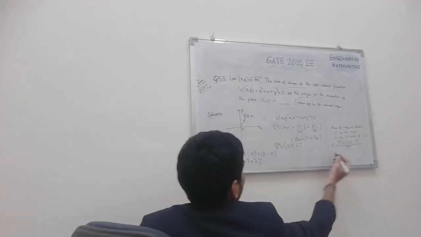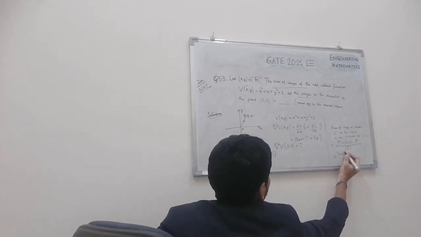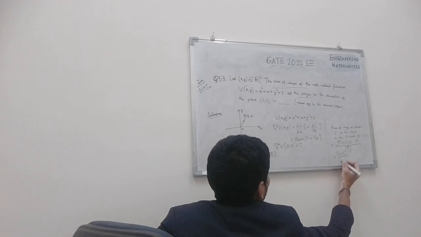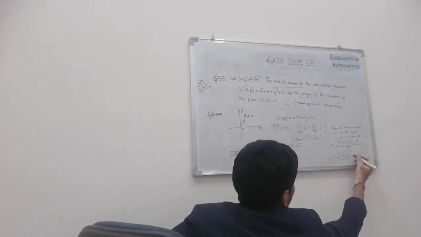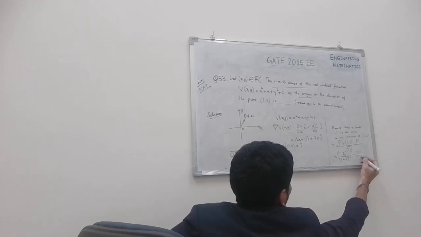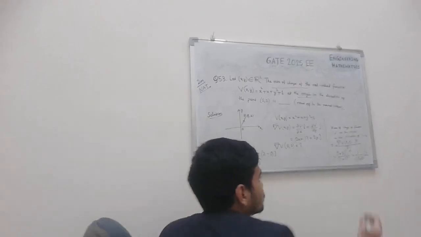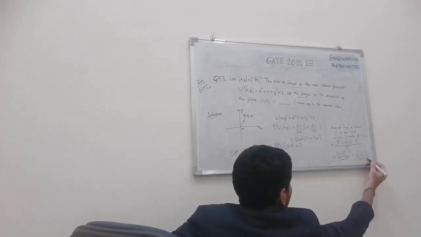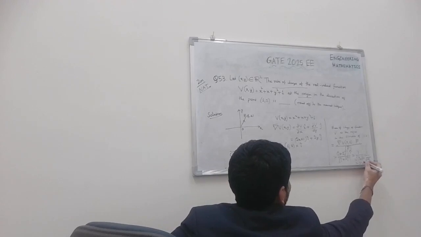If you calculate, i plus 2j dot i divided by the magnitude of i plus 2j. So i dot i is 1, j dot i is 0, and it is root of 1 square plus 2 square, so 1 by root 5. 1 by root 5 is calculated to be equal to 0.45.